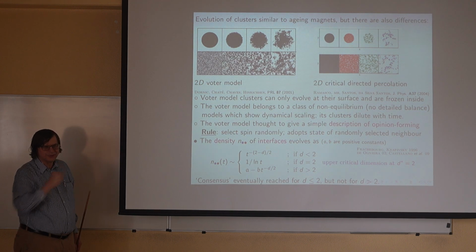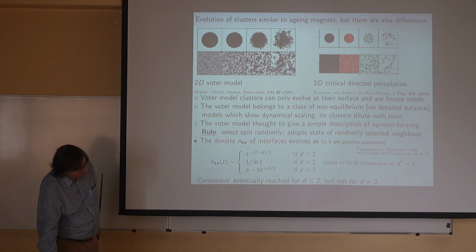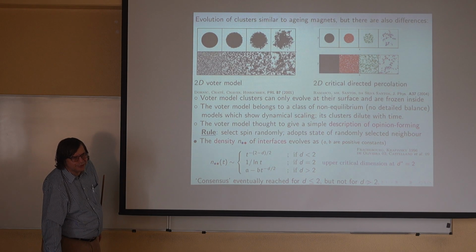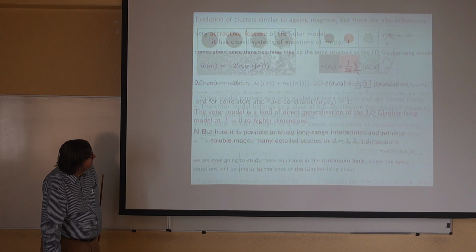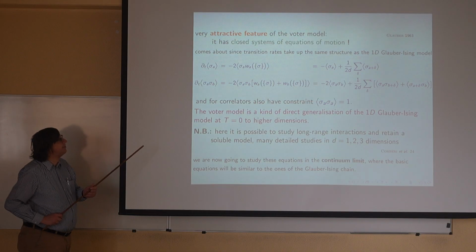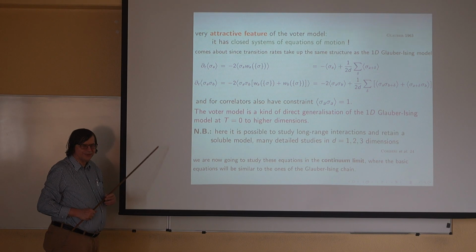So that is something which is in the mathematical literature. People write a lot about it, and it's important to note that at 2 dimensions and below, the model does behave very differently.